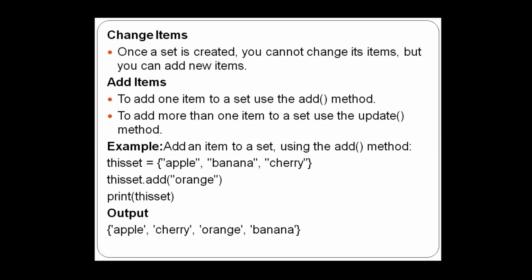So after I've used the add method, where will this orange be stored? This orange can be stored anywhere. You cannot guarantee that. It can be stored as the first element, second element, third element, or the fourth element, right?